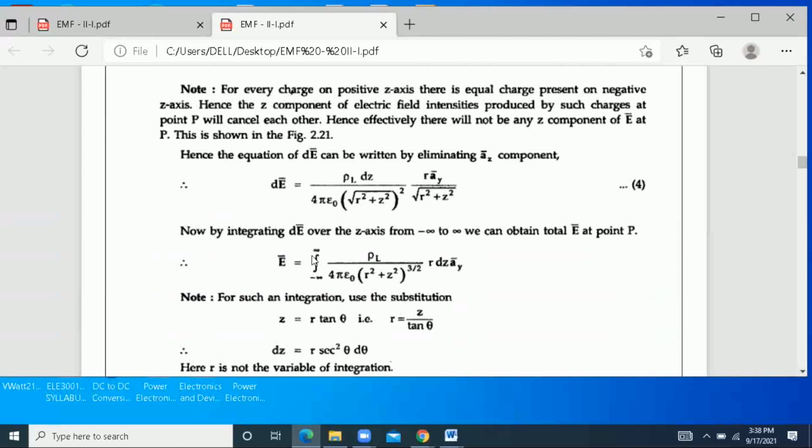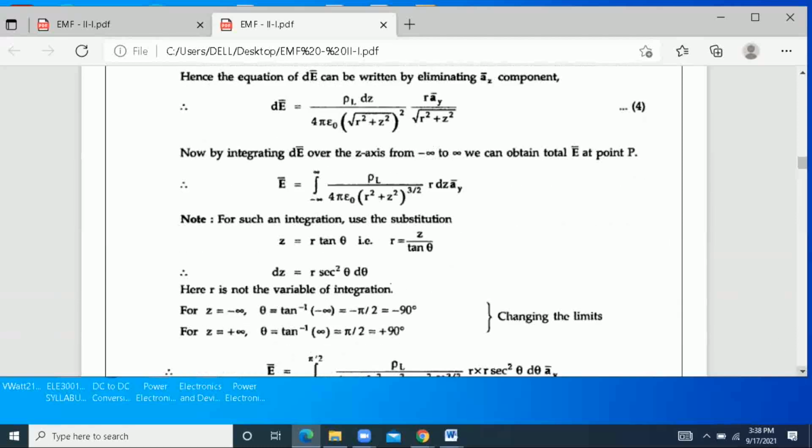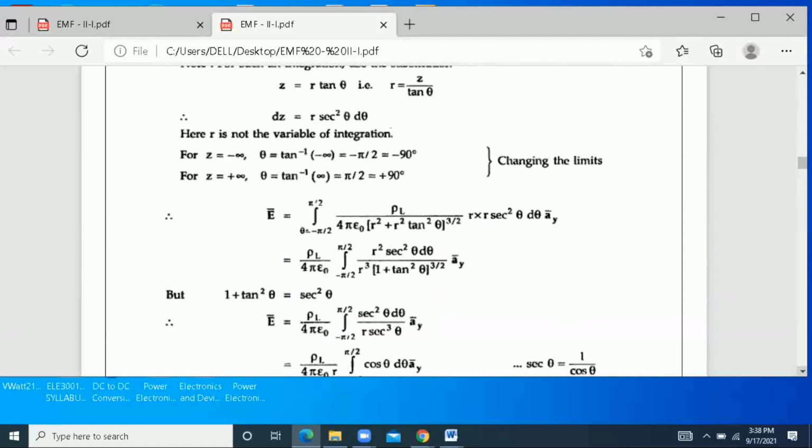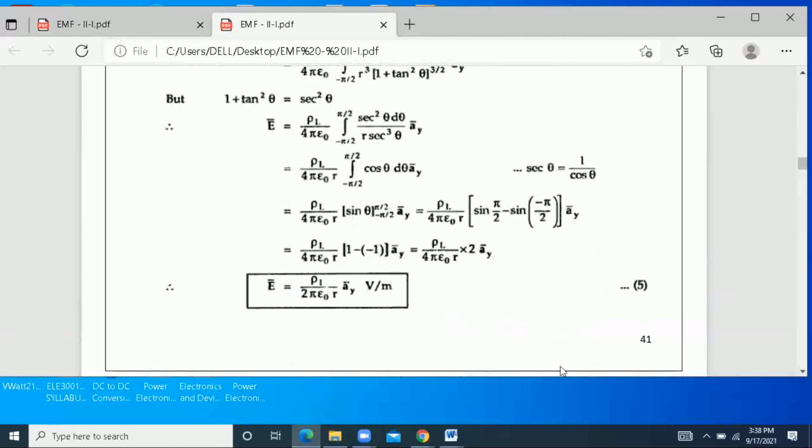So your total electric field would be the integral from minus infinity to infinity of this. And when you work out all that math, it comes down to this.